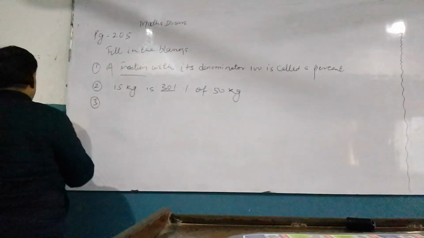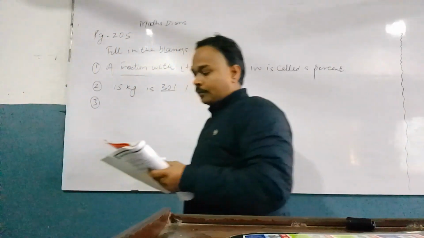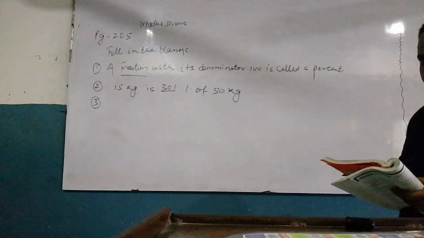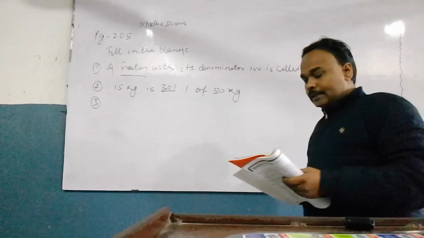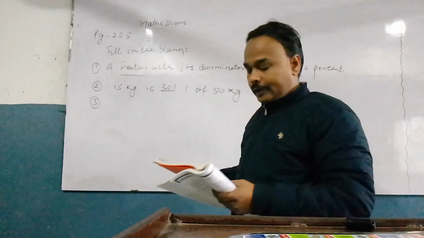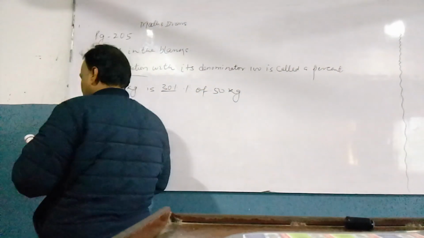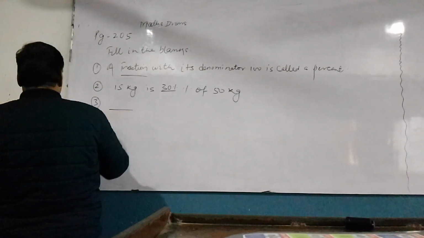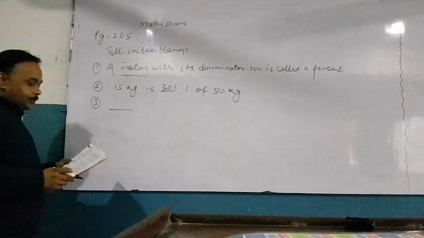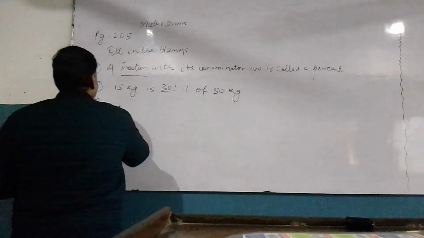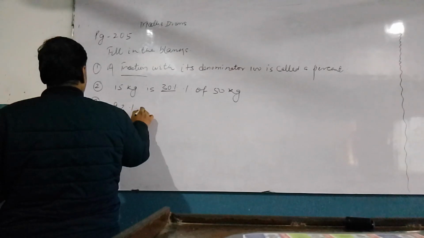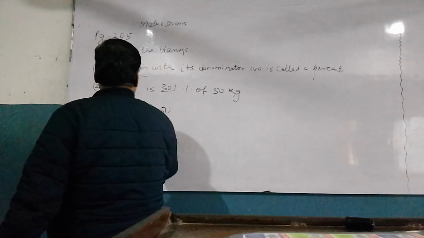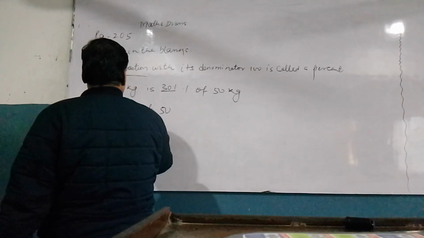Question number 3. In a class of 50 students, 8% were absent on one day. The number of students present on that day was dash. If 8% are absent, how many are present? 92%. Okay. So 8% were absent, then 92% were present. 92% of 50, 92 by 100 into 50, it is 46.